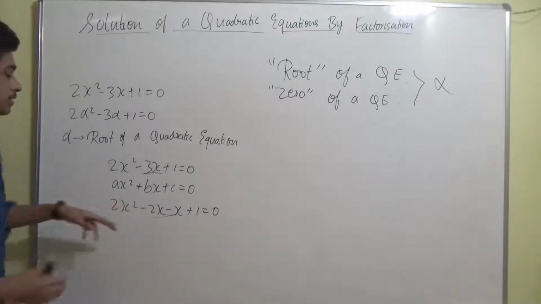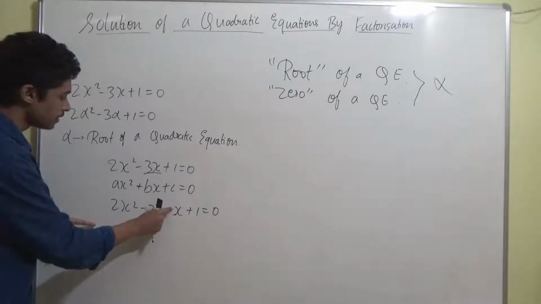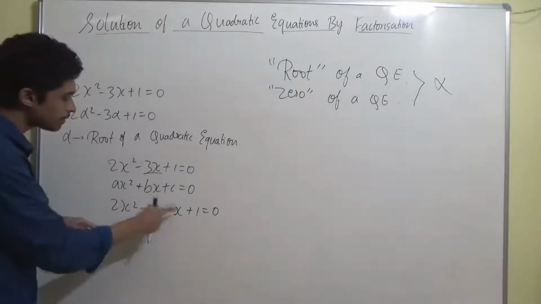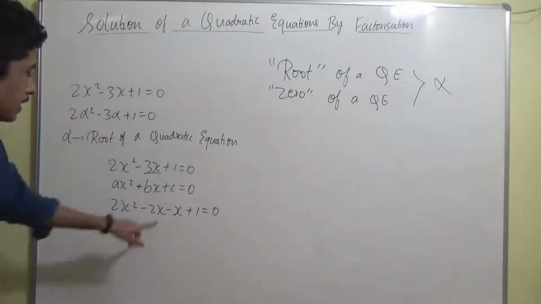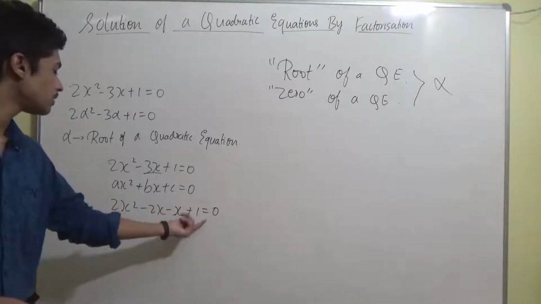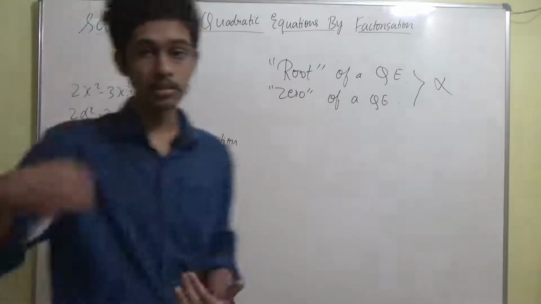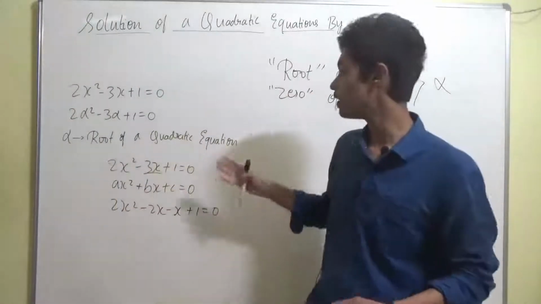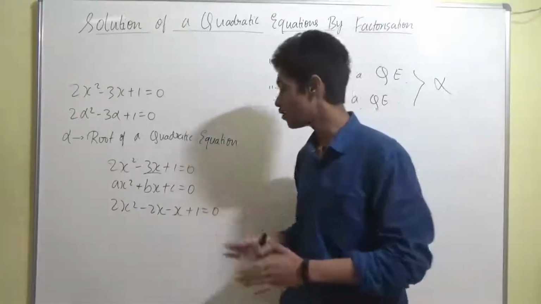When I multiply these two terms, minus into minus will get cancelled, it becomes 2x square. Now if you multiply the first term and the last term also, you are getting 2x square. So the sum is the same as the previous middle term, and the product is equal to the product of the first term and the last term. That is the way you have to factorize it.